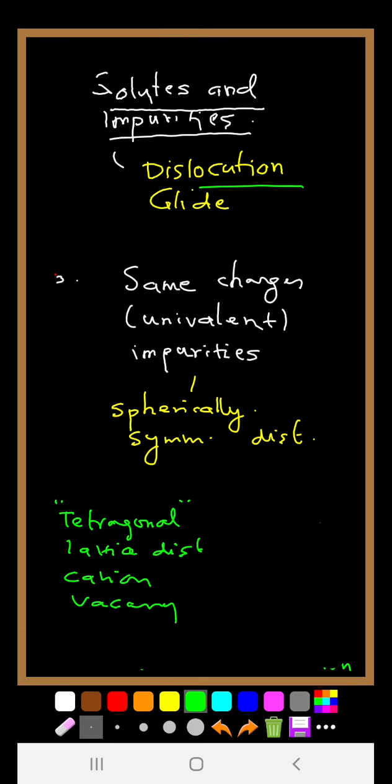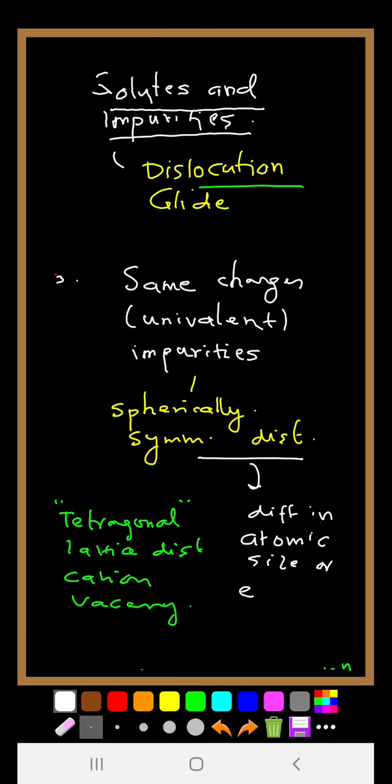But if the impurities are univalent, that means there is no extra charge or extra vacancy being created, then that will lead to a symmetric distortion. And this symmetric distortion is mainly due to differences in atomic size or elastic moduli.